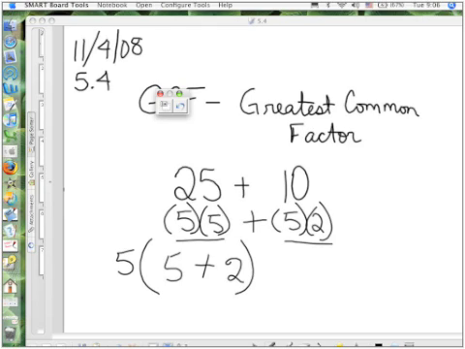Yes, because 5 plus 2 is 7, and 7 times 5 is 35. So the result is still the same. All I'm doing is pulling out a common factor in order to separate this into whatever products would give me the original problem. Now, let's use letters.